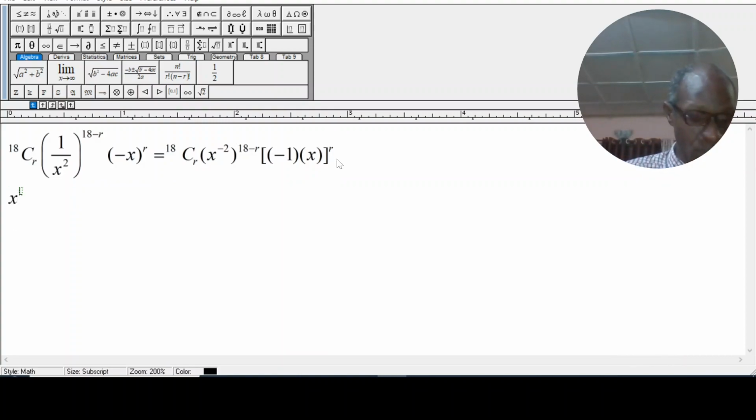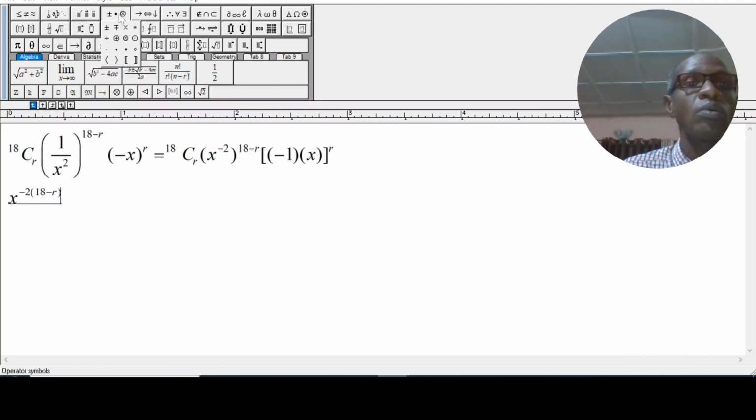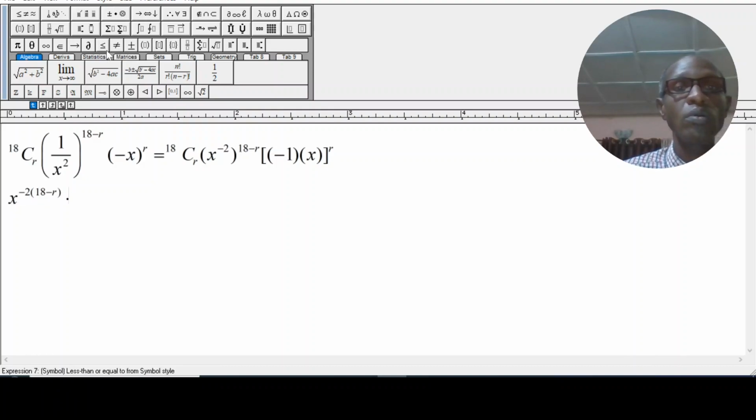So what we have here is just x raised to the power of minus 2, raised to 18 minus r, then we have x raised to the power of r.